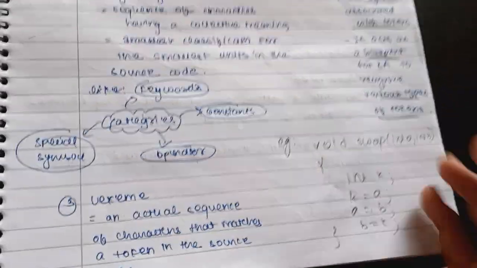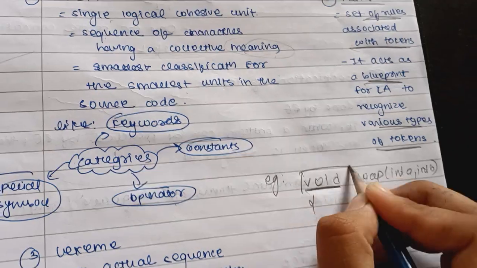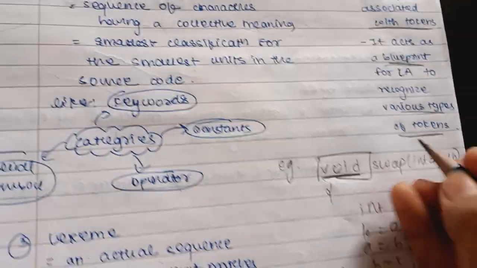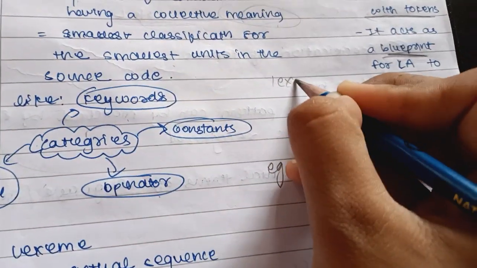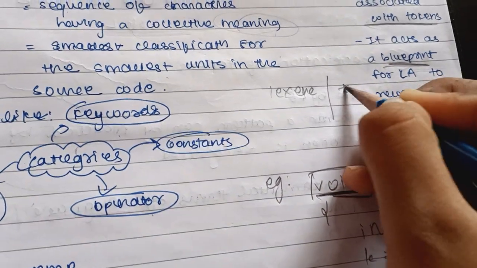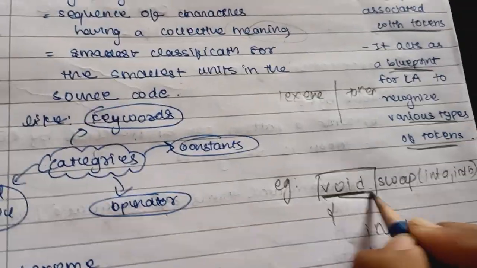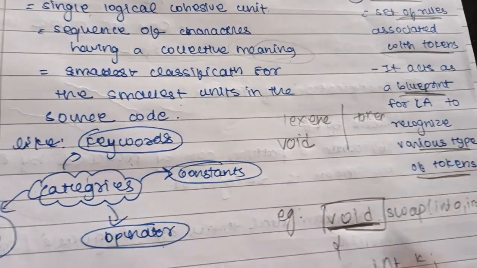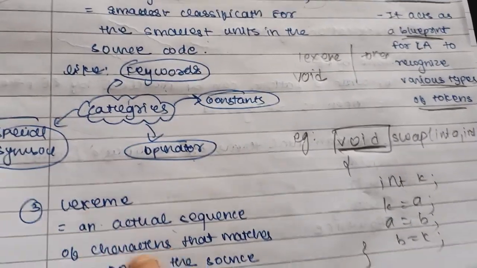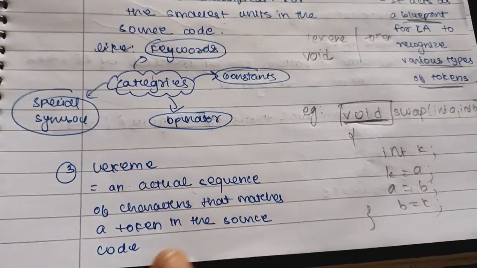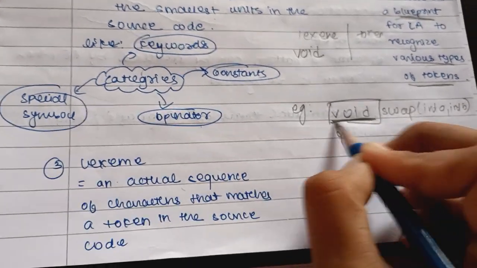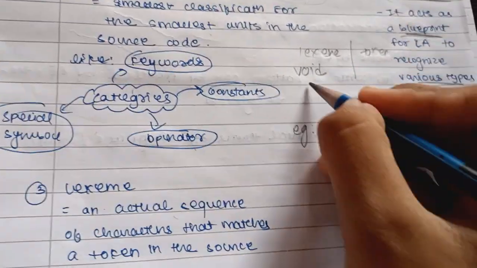Now, when we are identifying the tokens and lexemes, here this void is a lexeme. Let's make a table: this is lexeme and this is token. When I see this void, what was a lexeme? It was an actual sequence of characters that was matching with the tokens. So this is my actual sequence of characters, that is void.